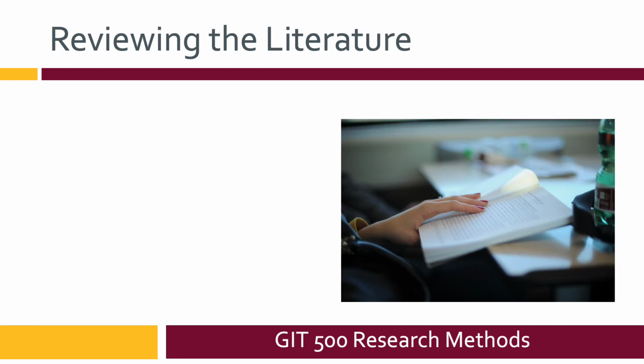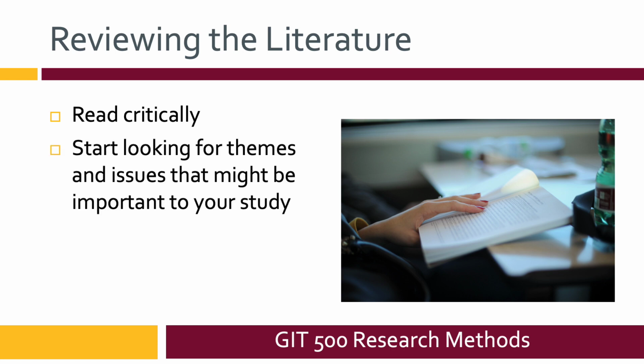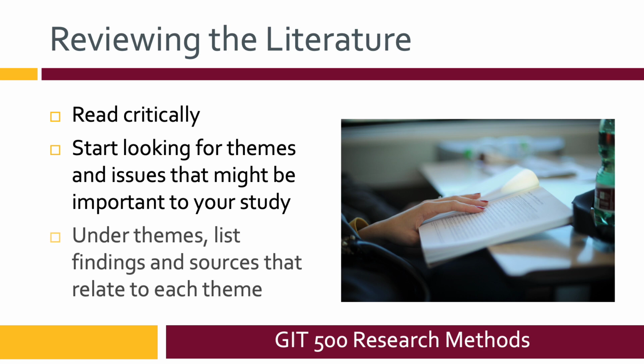When you are reviewing literature, you need to make sure that you read critically, looking for information that is important to your topic. You need to start looking for themes and issues that keep showing up that might be important to your study and might help direct the direction of your study.